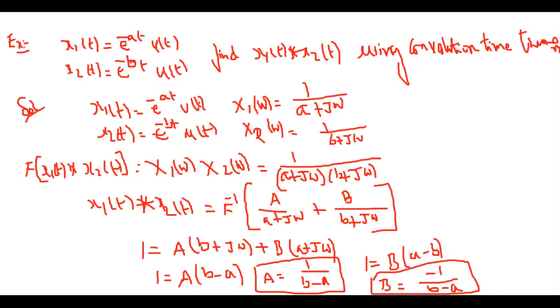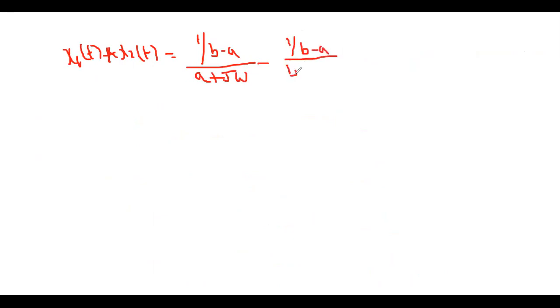So x1 of t convolved with x2 of t is equal to the inverse Fourier transformation of [1 by (b minus a)] divided by (a plus j omega), minus [1 by (b minus a)] divided by (b plus j omega). Both have 1 by (b minus a) as common.